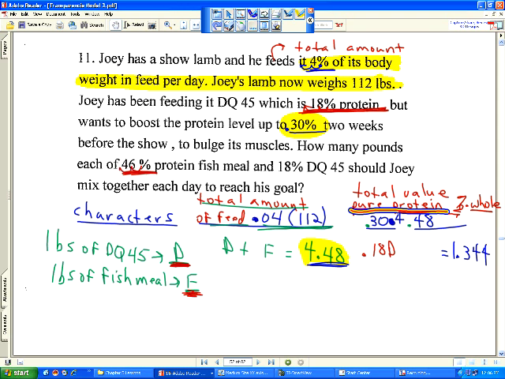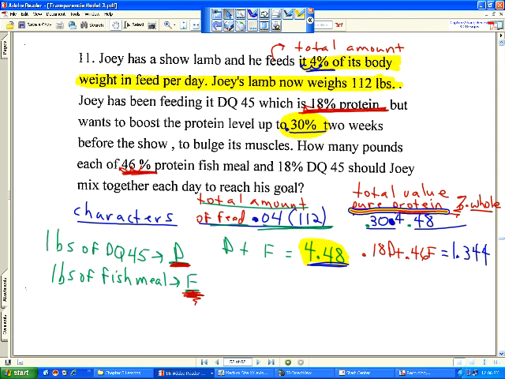I change my percent to a decimal and multiply it by the whole amount of feed, and it tells me how much protein is in it, right? Part equals percent times whole. So we have protein, protein, protein. Any questions on how we got that second equation? Part equals percent times whole. Okay?